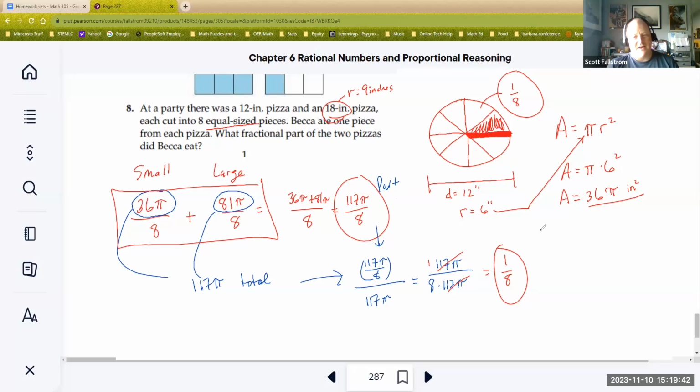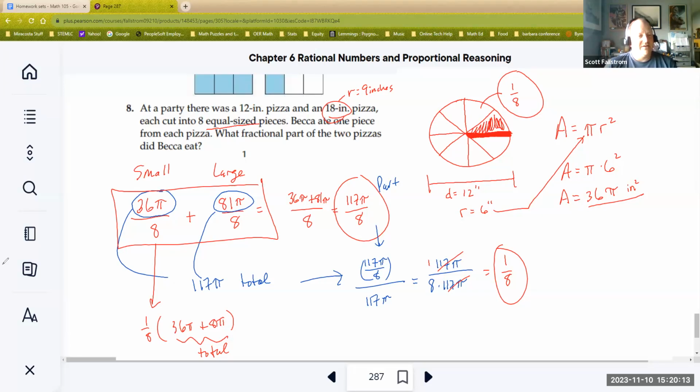You could say it's 1/8 because each one has a 1/8 of 36 pi plus 81 pi, and really, this right here is the total. So Becca ate 1/8 of the total by eating 1/8 of each individual piece. Again, a demonstration of the distributive property in action, but also a demonstration of, hey, there could be some higher level math, but it might be a quick way to get there as well.